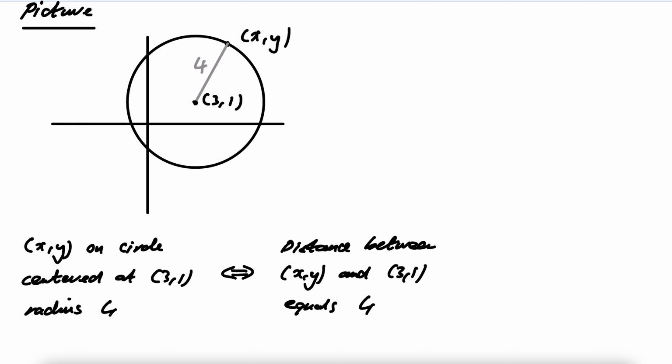Well, that's if and only if what? The distance between x comma y and 3 comma 1 is, well, we can use the distance formula. Pretty nasty mess, let me try and do this more neatly.